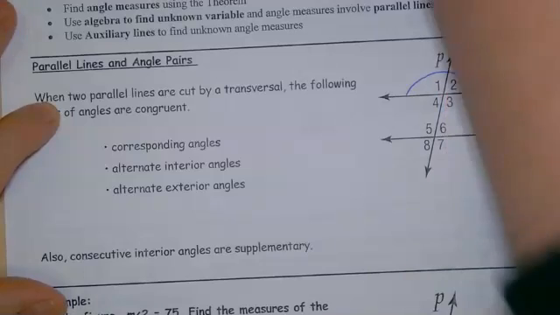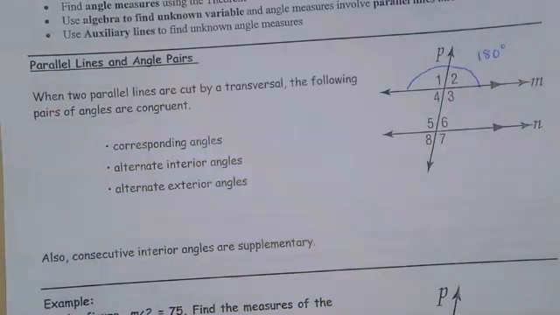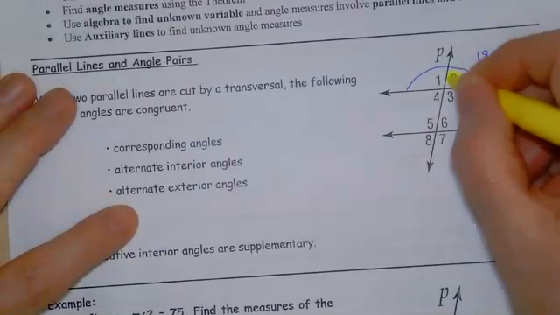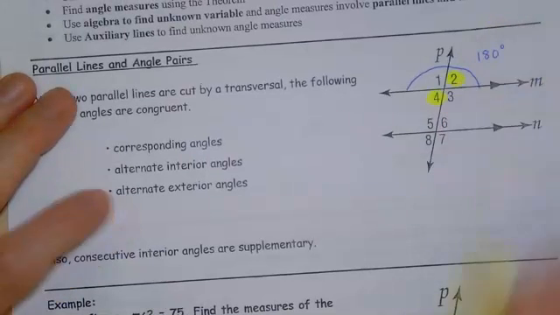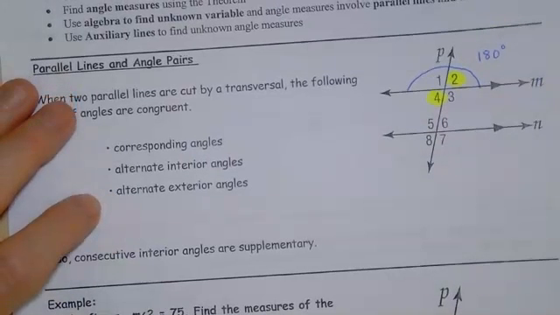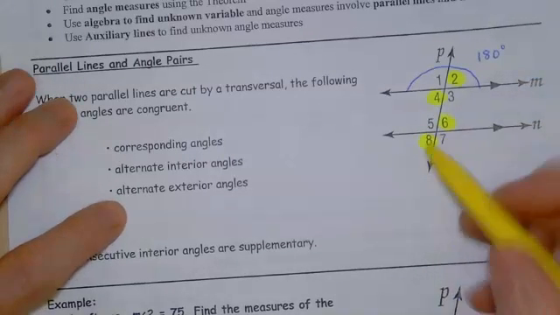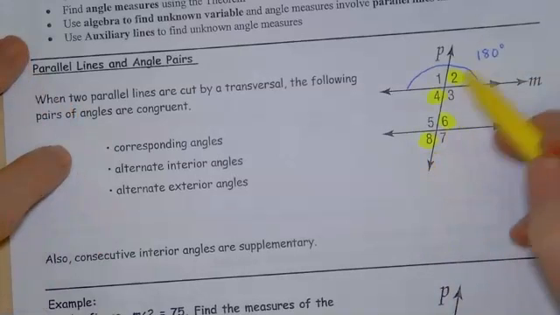Now the other reason I'm pointing this out, you want to get your highlighter out next, is that in these drawings, these two angles have the exact same measurement, and these two angles have the exact same measurement. So you notice they're like on a diagonal from each other.